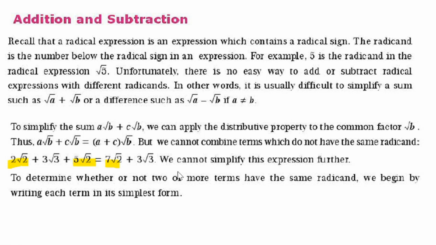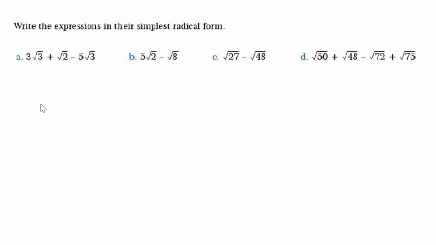Now, to determine whether or not two or more terms have the same radicand, we begin by writing each term in its simplest form. Write the expressions in their simplest radical form. So we have 3 square root of 3 plus square root of 2 minus 5 square root of 3. What would be the answer for this?